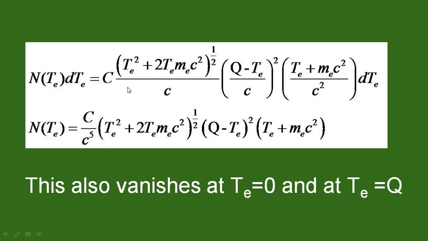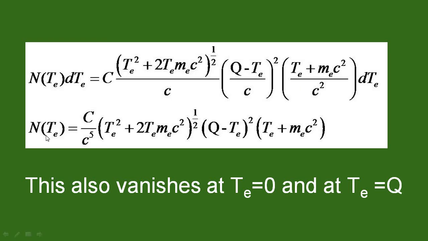Our equation is p square (Q minus Te) square dp. You are substituting it as p dp, then p alone as well as (Q minus Te) square.